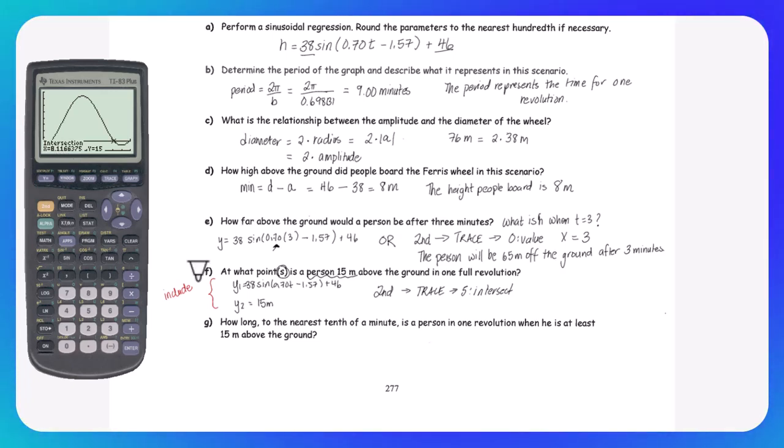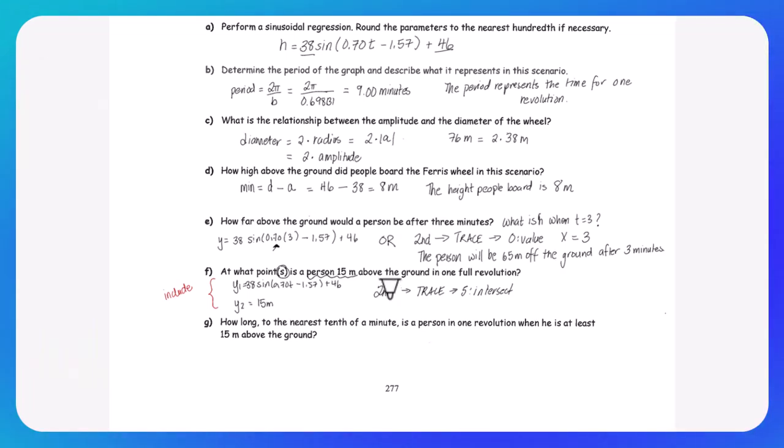So let's write these down. So the points are going to be 0.883 and 15.